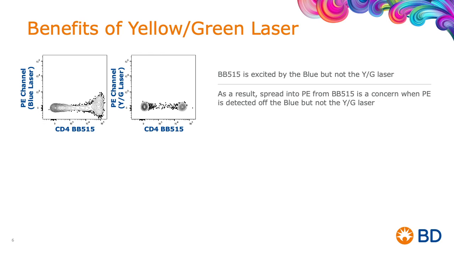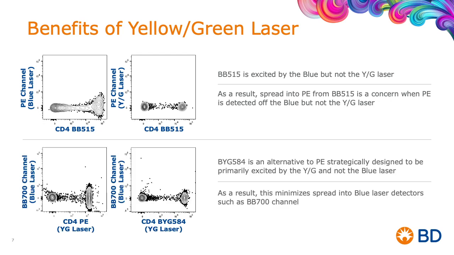However, if we now move the detection of PE off the yellow-green laser, BB515 is not excited by the yellow-green laser, and therefore we will have no spillover and spread into the PE channel. So that would already be a benefit because we are moving a channel from the blue to the yellow-green and minimizing spillover.